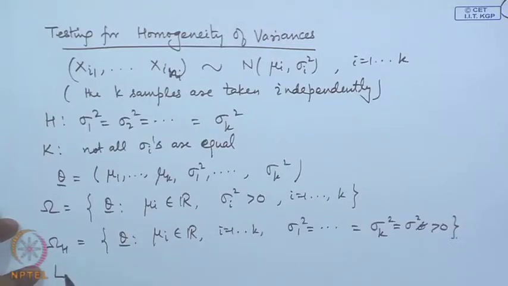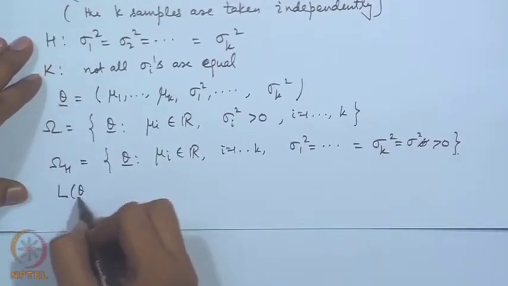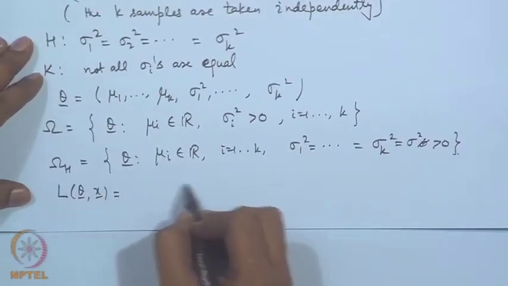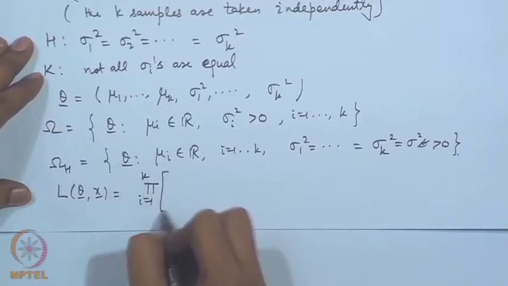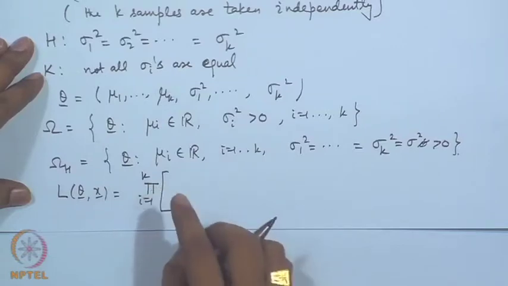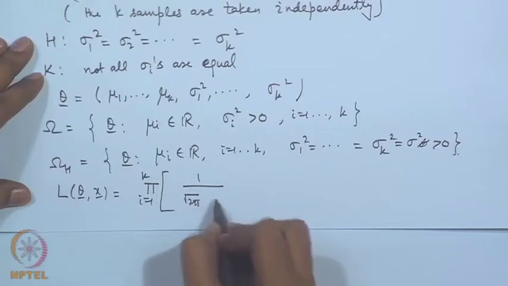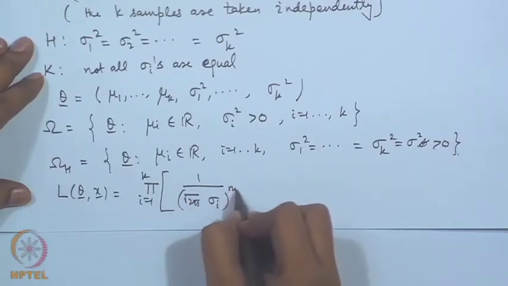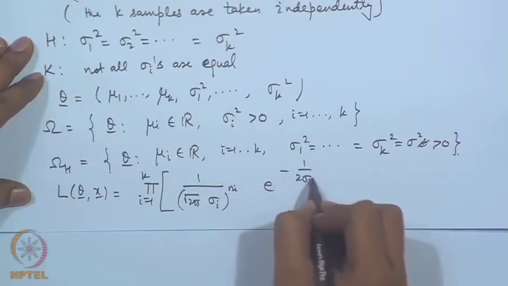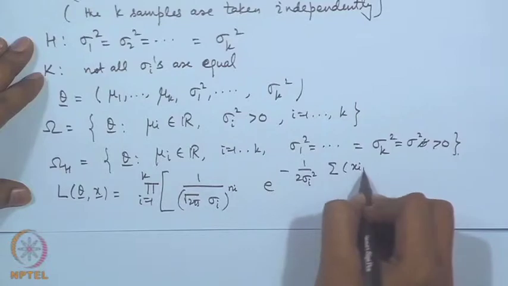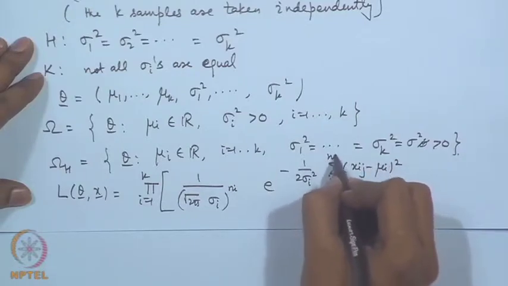The likelihood function is equal to, since I have to write for the k different populations, I am writing it in this form: product i equal to 1 to k, 1 by root 2 pi sigma_i to the power n_i, e to the power minus 1 by 2 sigma_i square sigma (x_ij minus mu_i) square, j equal to 1 to n_i.